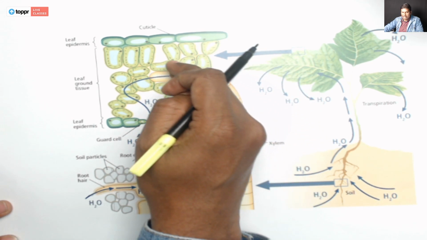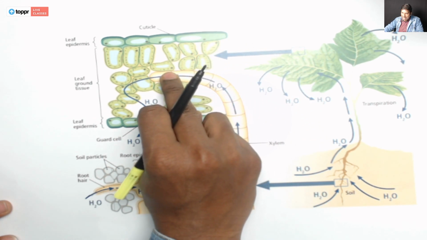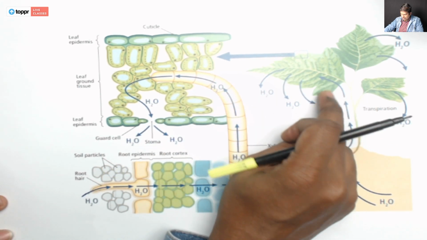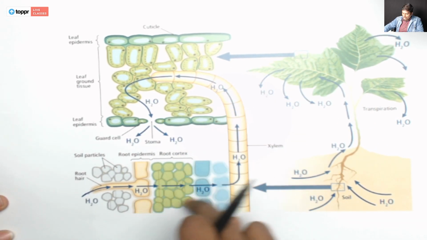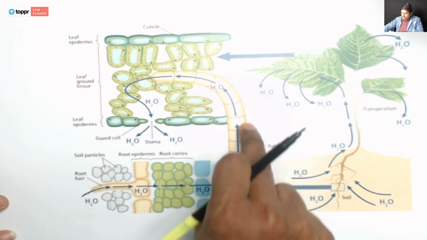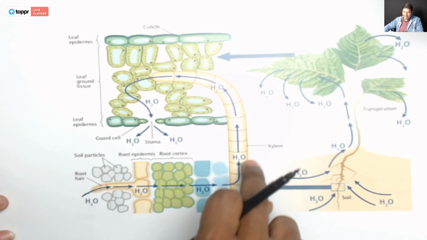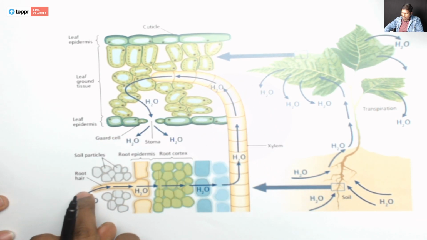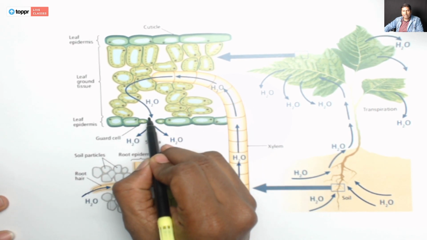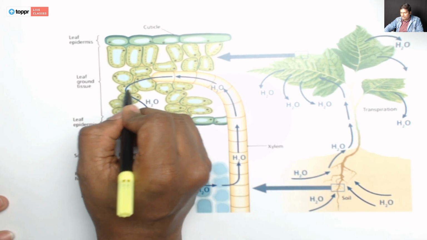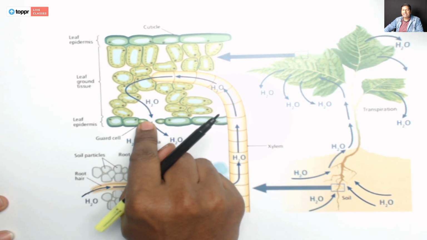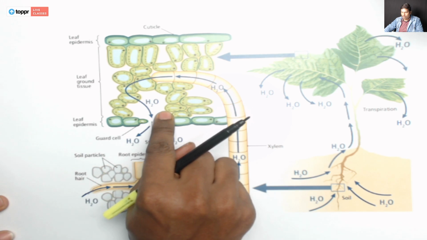The xylem is extending all the way into the leaf veins, and this is how the continuous column of water is forming. There is a continuous column of water starting from the root hair all the way to the mesophyll cells. These are the mesophyll cells of the leaf.